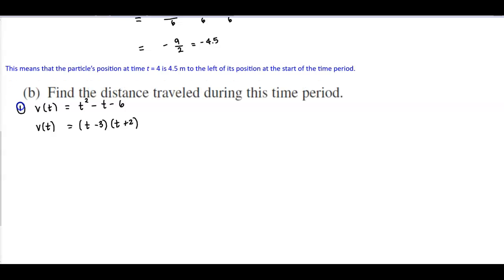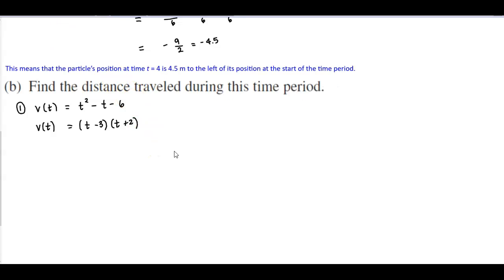The 2 t-intercepts are located at t is equal to 3, and the other one is t is equal to negative 2.